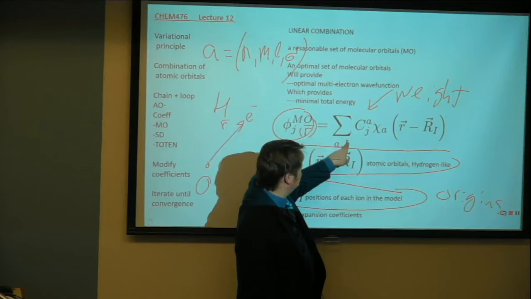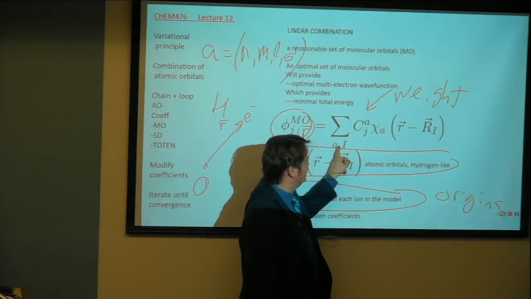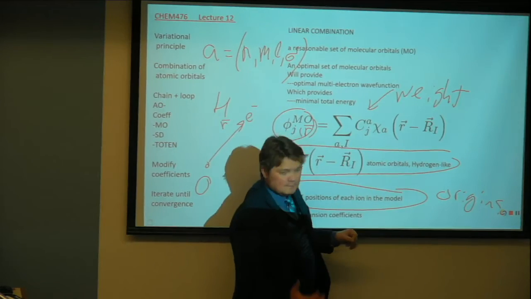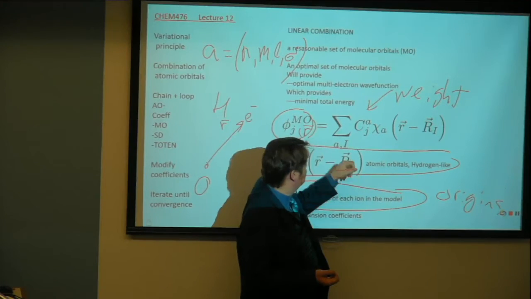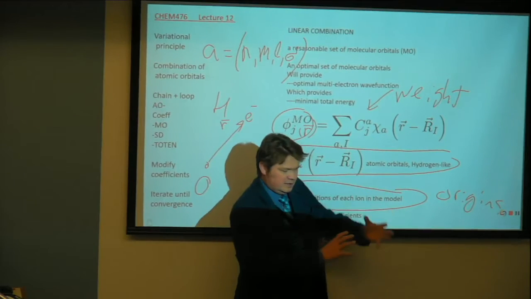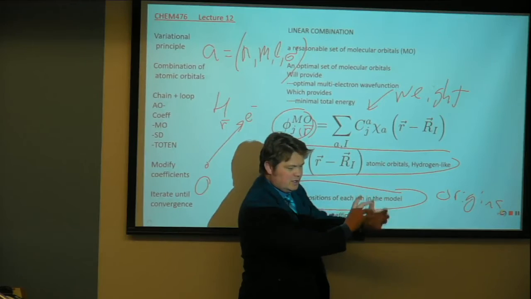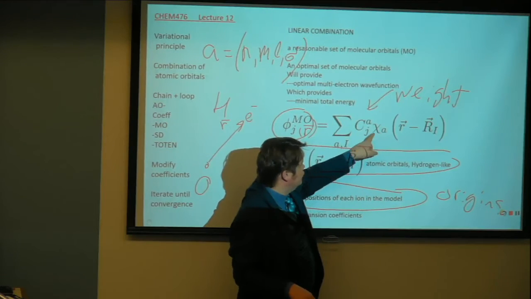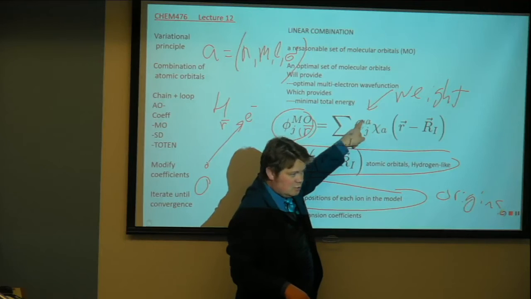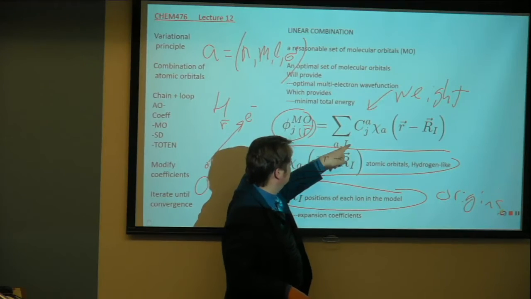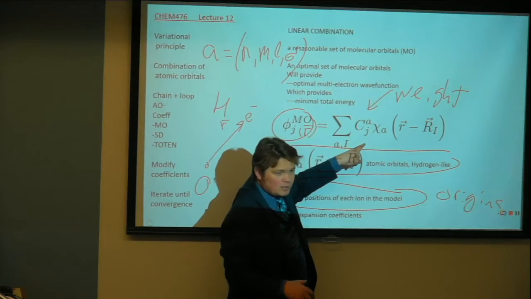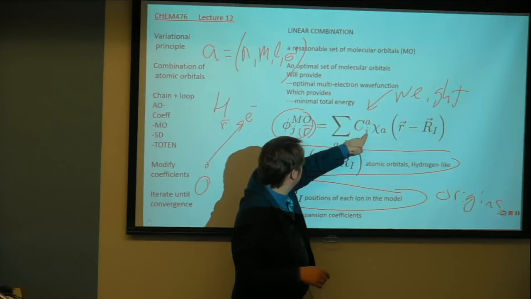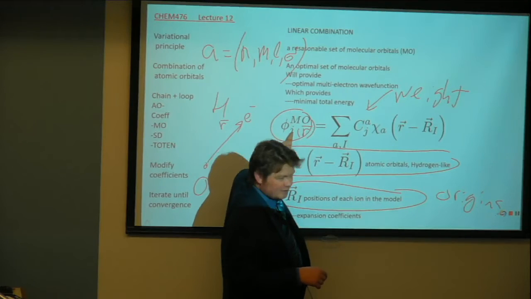So we need to make a summation over ions and over a set of quantum numbers, set of quantum numbers of one ion, of another ion, and we add all of them together with this expansion coefficient. And for each molecular orbital, HOMO and others, we will have an index of this molecular orbital.